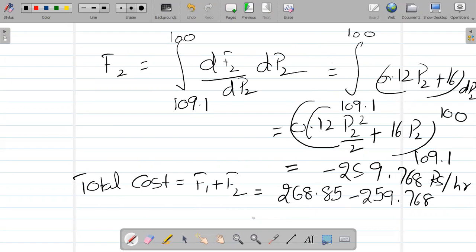How much will you get? 9.08 rupees per hour. So from economic scheduling, we will get the minimum cost of generation compared to load sharing equally. In the next video, I will discuss the second case.